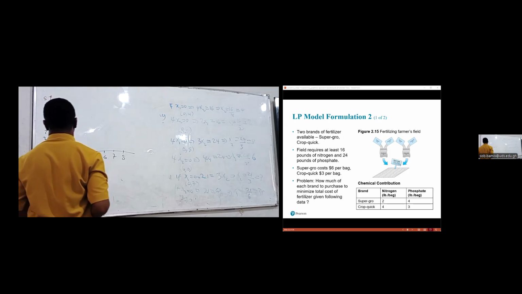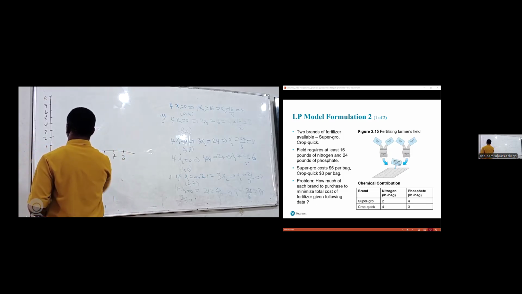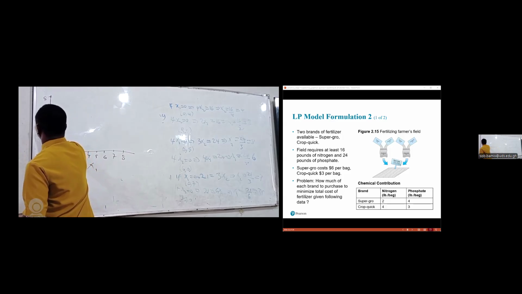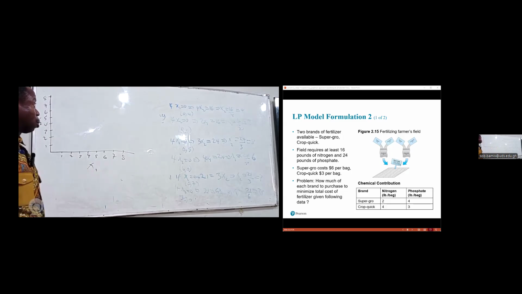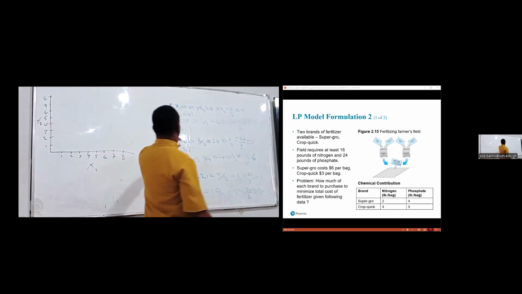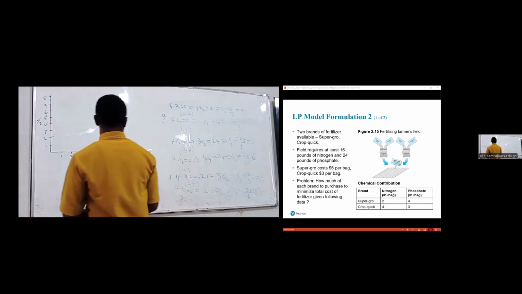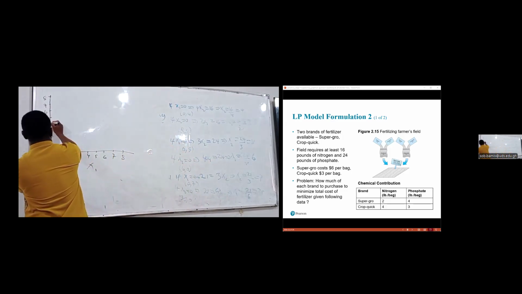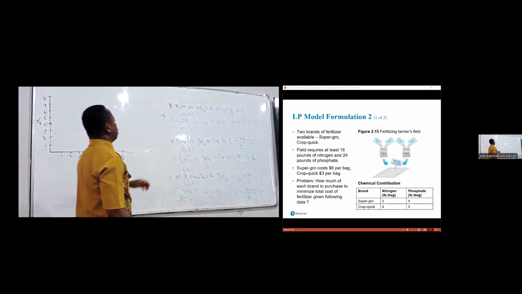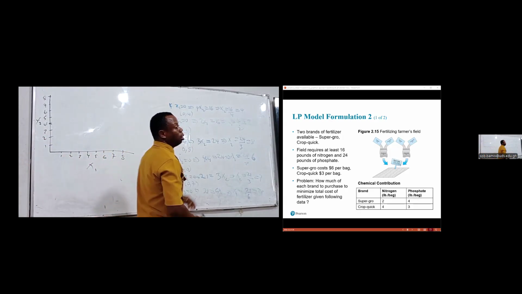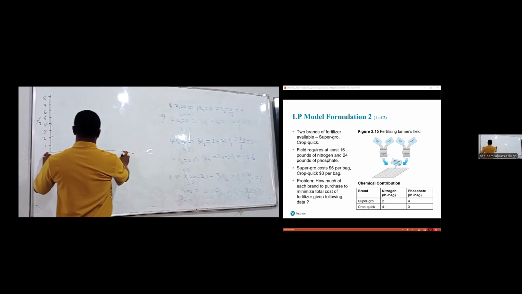All right. So this is x1, this is x2. Let's plot for the nitrogen. We have 0, 4. So we are here. Then we have 8, 0. So that's here.